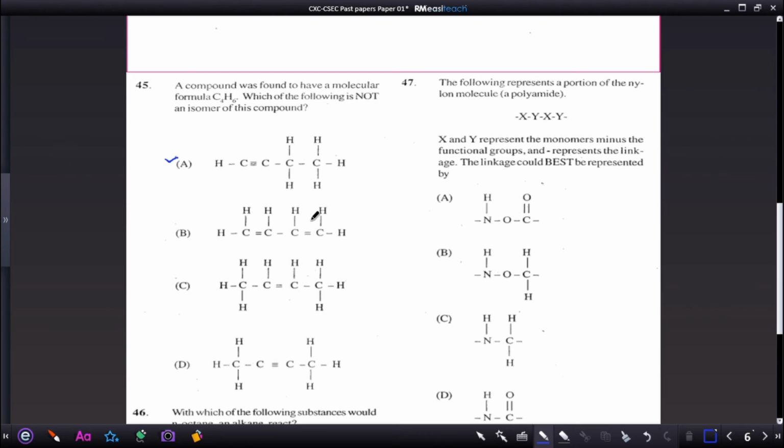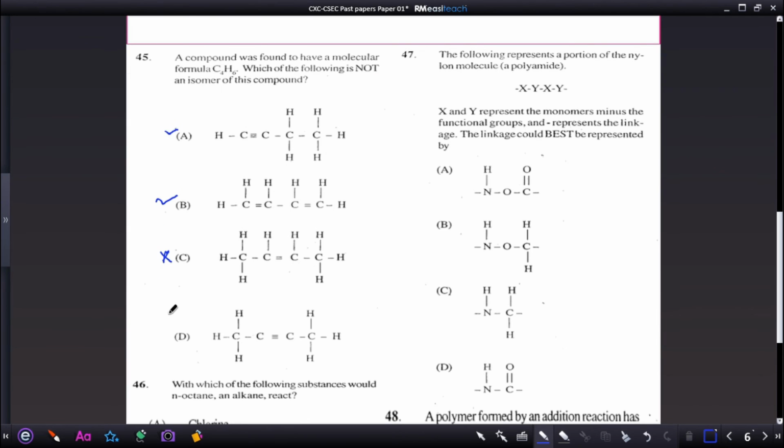Here, 1, 2, 3, 4, 5, 6, and all the carbon atoms are showing 4 bonds. So that's fine. 1, 2, 3, 4, 5, 6, 7, 8. This one doesn't agree with the formula. D, 1, 2, 3, 4, 5, 6, and the carbon atoms are showing 4 bonds, so this is fine. So the answer here would be C.